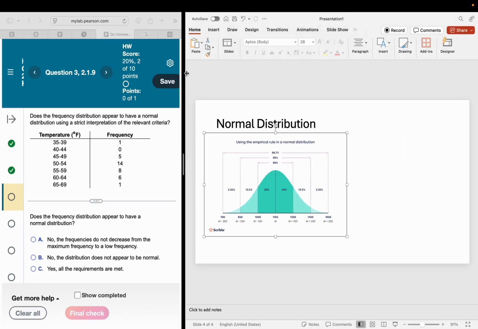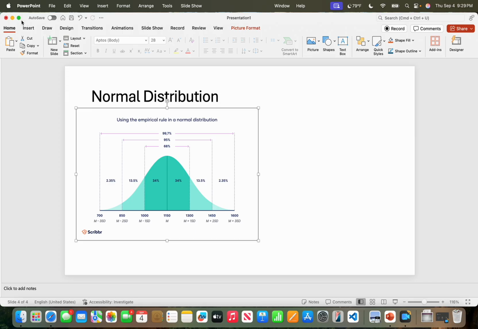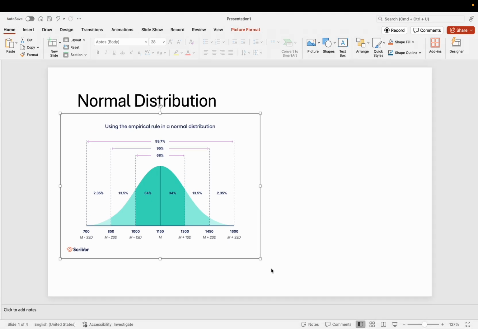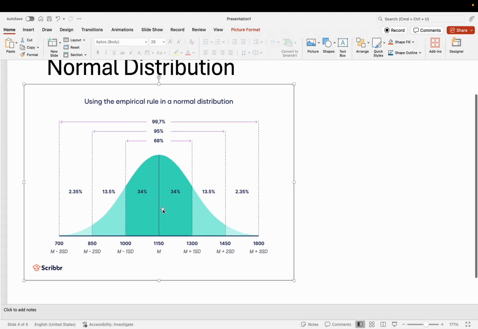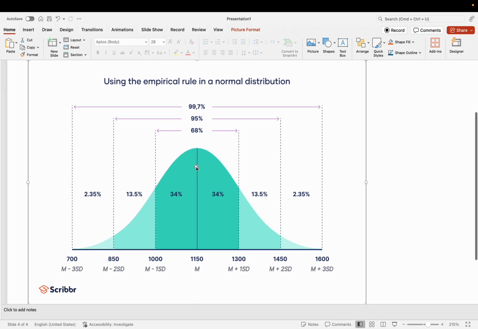First thing I want to talk about is I want you to notice that it is symmetric. It has one peak in the center, and if you look at these percentages, you can see that the closer you are to the middle, the higher percentage of data is contained in your equally spaced bins, if you can see it that way.